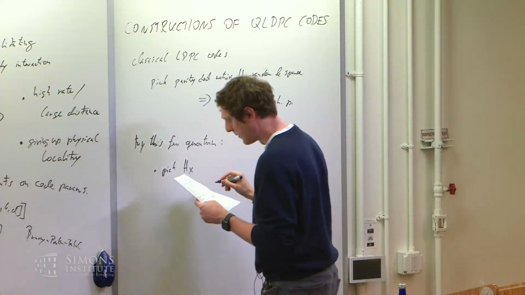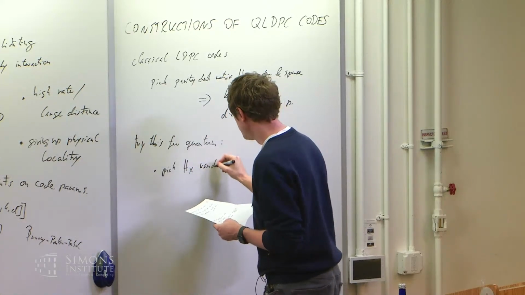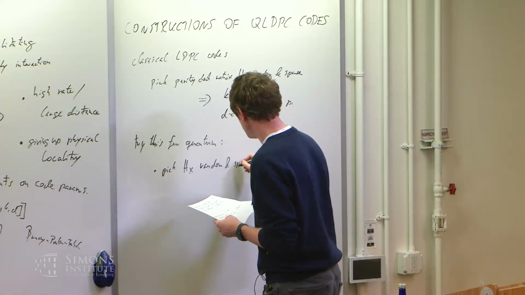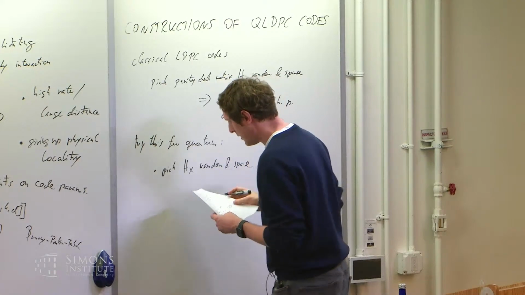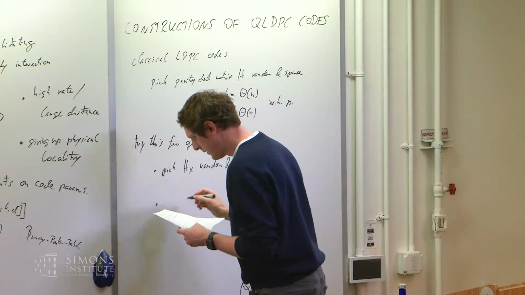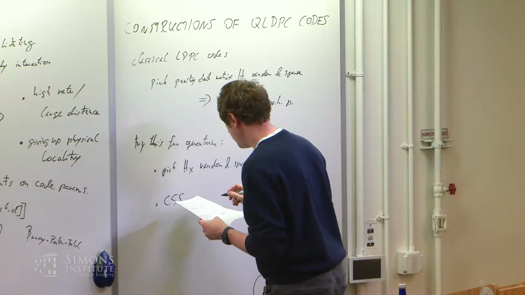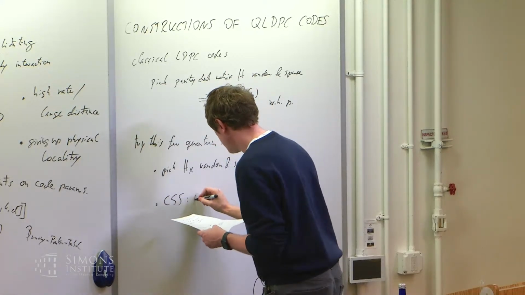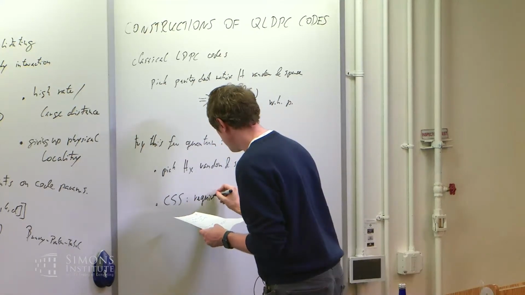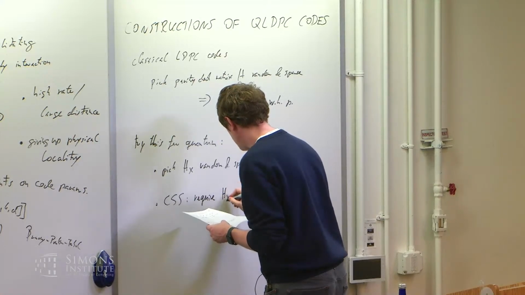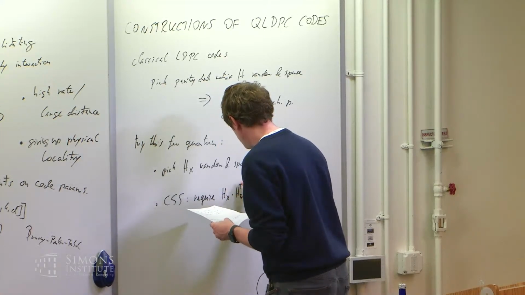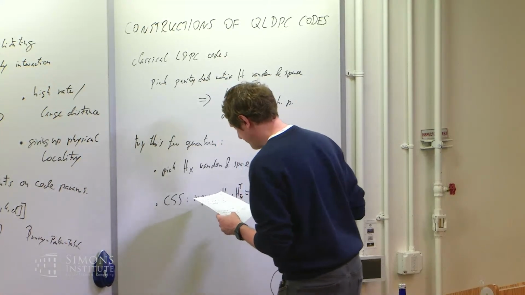It doesn't matter whether it's X or Z. Random and sparse. And now, as a reminder, for CSS, we have to find the HZ, and we require that HX times HZ transposed has to be 0.